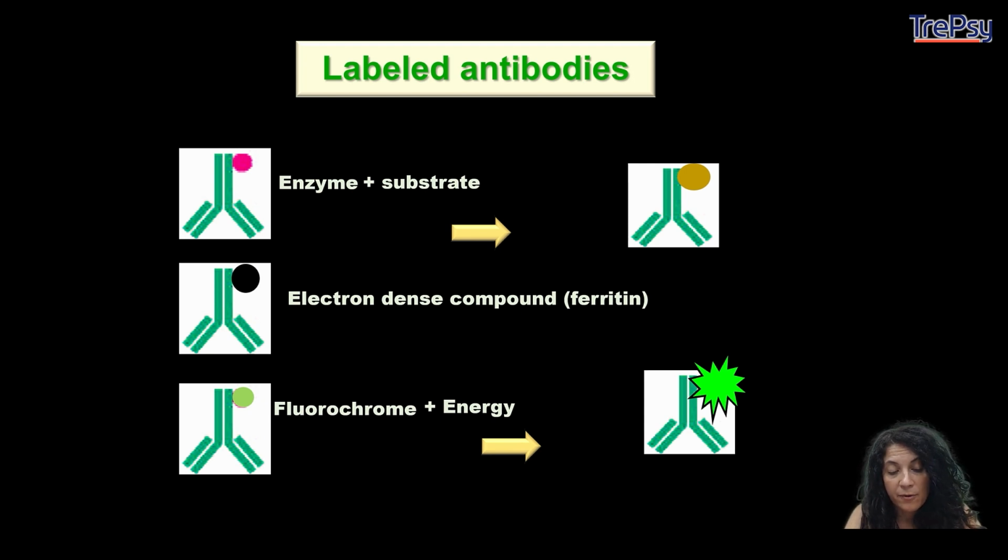Then you have, for instance, an antibody with a fluorochrome. This fluorochrome is irradiated with a wavelength in the excitation range of the fluorochrome and emits a light of a specific color, for example, green or red or blue.